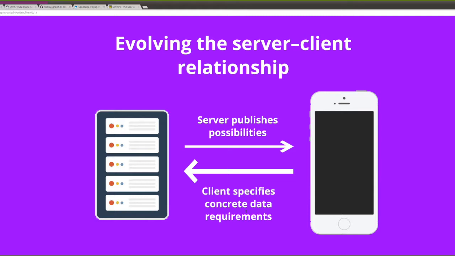With GraphQL, we describe our schema once and publish it, thereby publishing the possibilities of querying within our API. Then the client can explicitly specify concrete data requirements against that schema and fetch whatever they want within the boundaries of that schema. So all of these problems that come with traditional REST, especially in applications with very sophisticated data requirements, somehow go away.